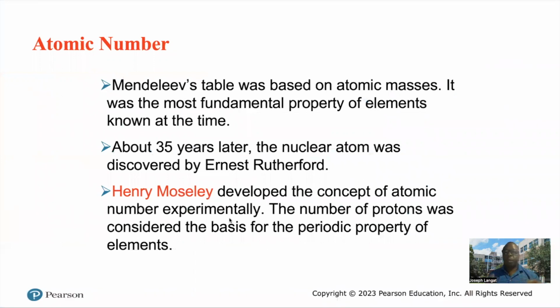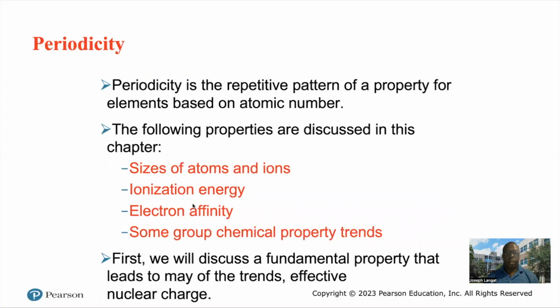And this experiment was just bombarding the nucleus, and the increase in the nuclear charge is because of the number of protons in the nucleus. Remember, hydrogen has one proton, helium has two protons, lithium has three protons, and that is where we are right now. The modern periodic table is organized according to increase in atomic number, which was proposed by Henry Moseley.